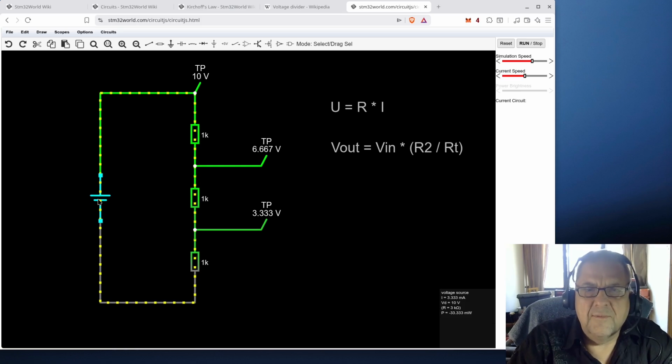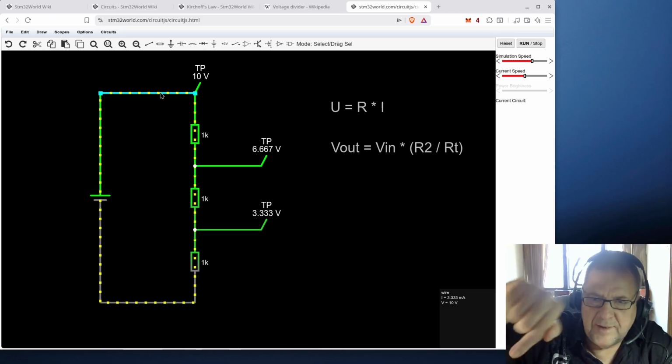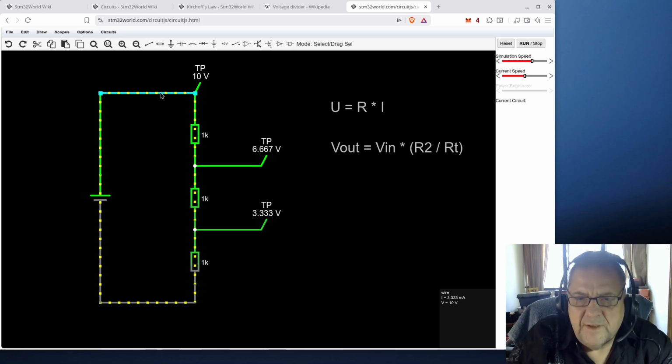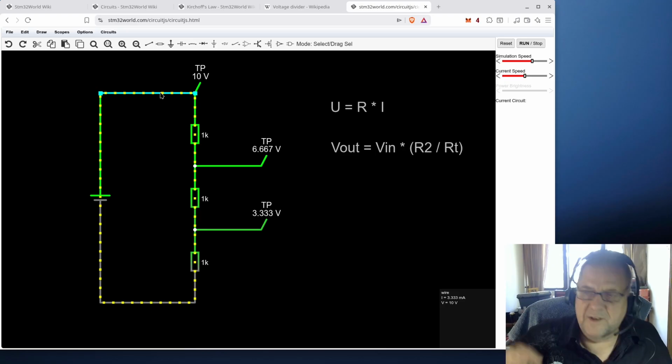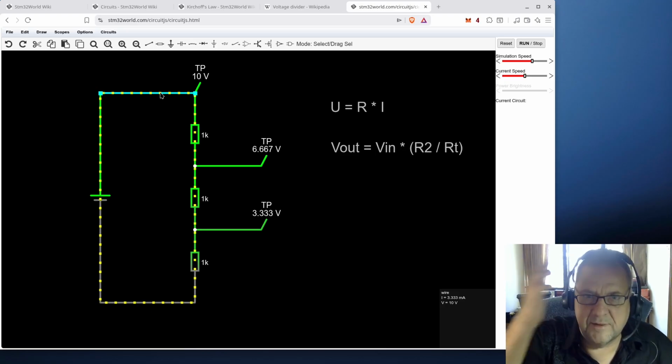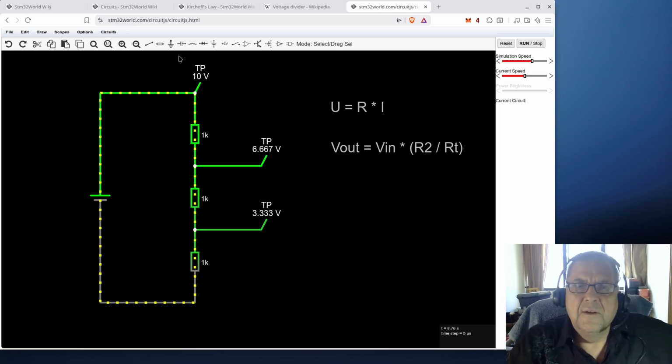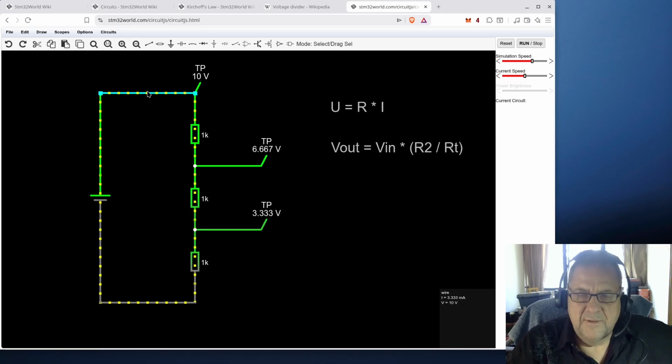So we will have 10 volts divided by 3000, and that leads us to, and you can see that down in that corner, 3.3 milliamps flowing around that circuit. If you try to punch those numbers into a calculator, or you do it in your head, then you will reach that exact result. There is no question about it.